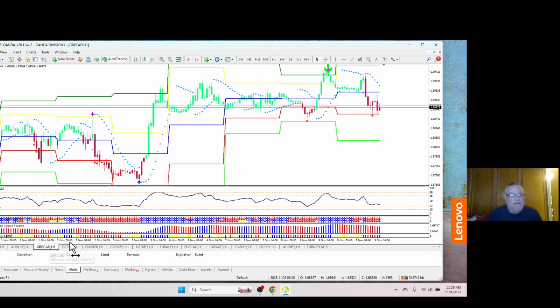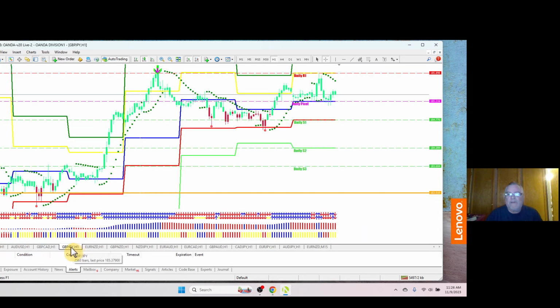Pound CAD, I think we're seeing all those pound yen. If this comes down in here, I'm going to look to be a seller because of that, because it's already come up and sold.